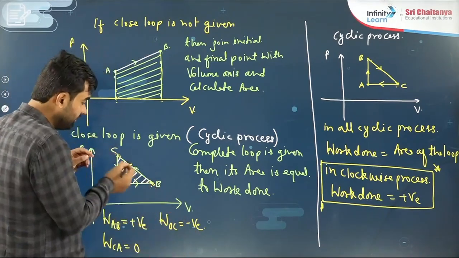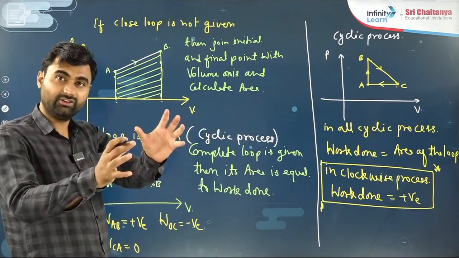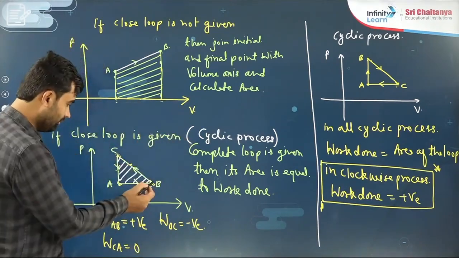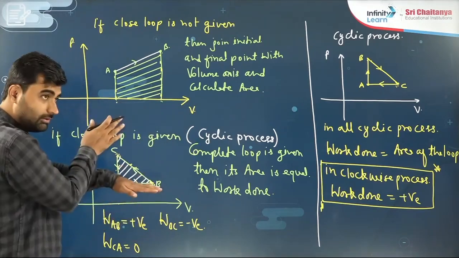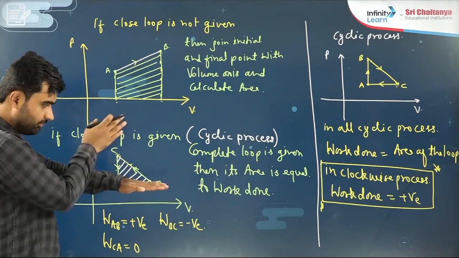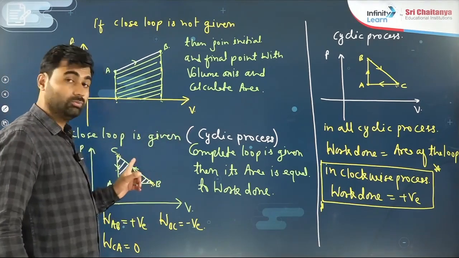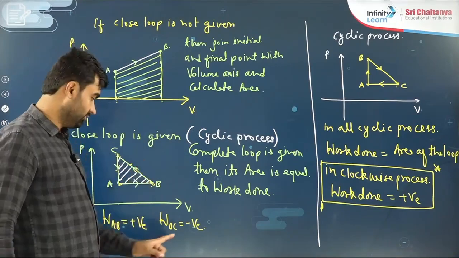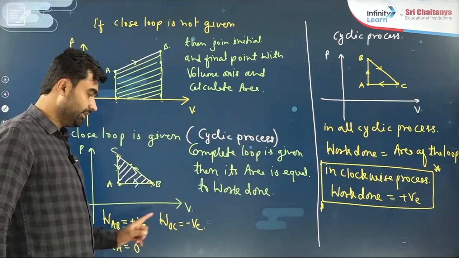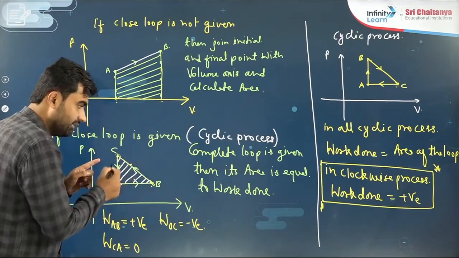Why? Because for this part pressure is more, and work done is the multiplication of pressure with change in volume. You can see this is above. Above means pressure value is more. This axis gives pressure. So pressure multiplied by change in volume will give more value, but it is negative. So if we add them, finally we will get negative. So for an anti-clockwise process work done is negative.